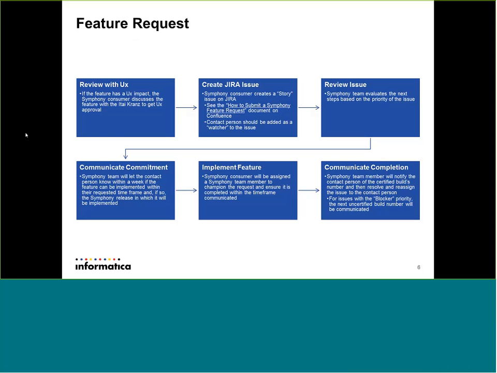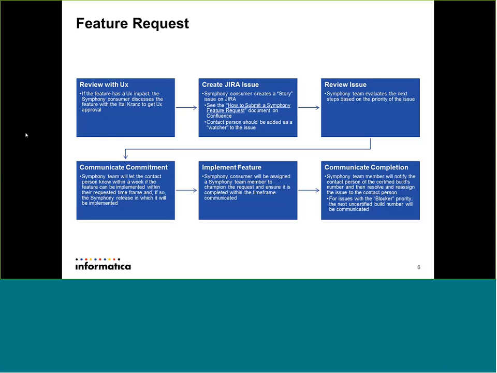When we get to implementing it, we're going to assign a champion to the Symphony consumer. So this champion will be the one who will be the contact person on our side to go through the implementation of this feature, answer questions, get clarification, and so forth. And in particular, you'll notice we're saying the Symphony consumer will be assigned a champion as compared to just the feature itself.